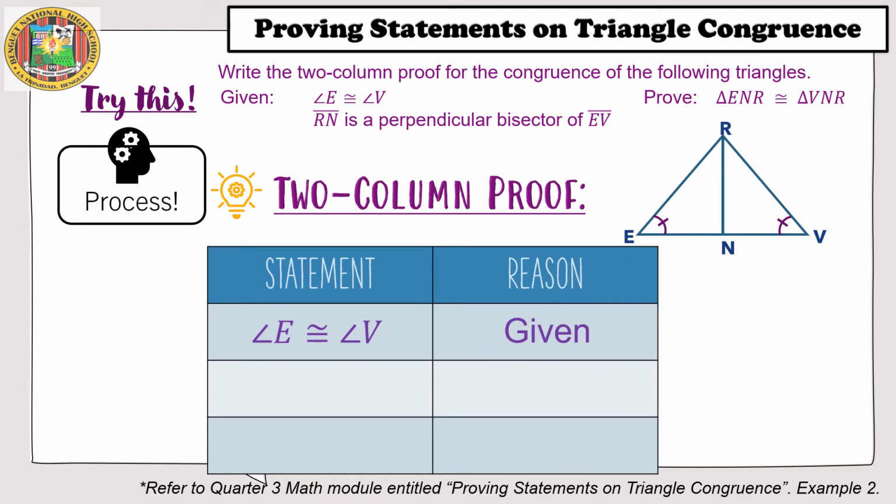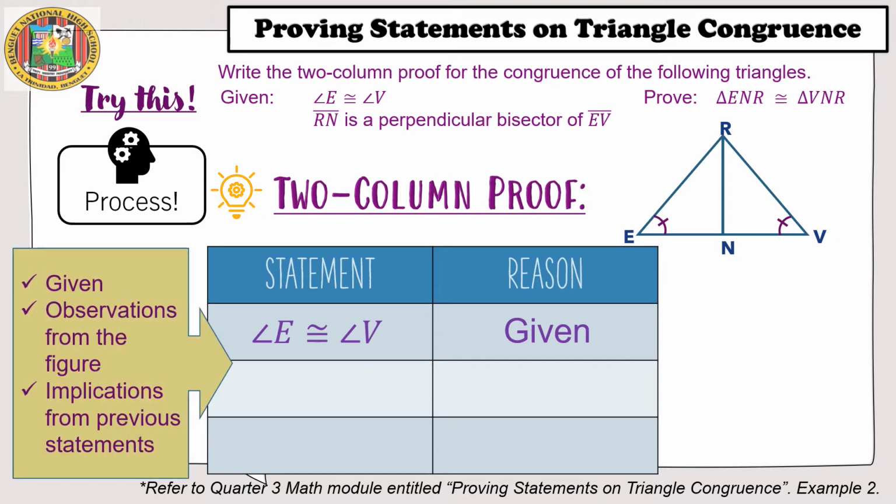In the two-column proof, under the column for statements, we write statements which are given in the problem, observations from the figure, or implications or concepts which are suggested from the previous statements. Under the column for reason, we back up our statements through the reasons showing that the statement is true.